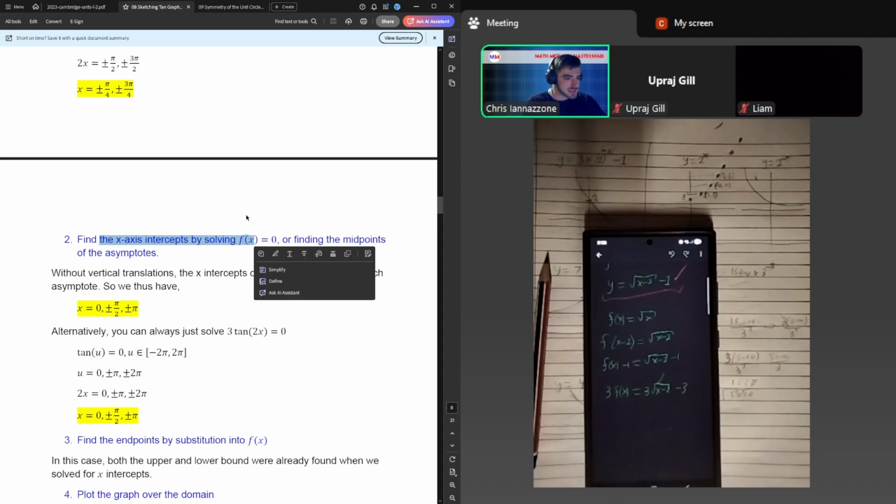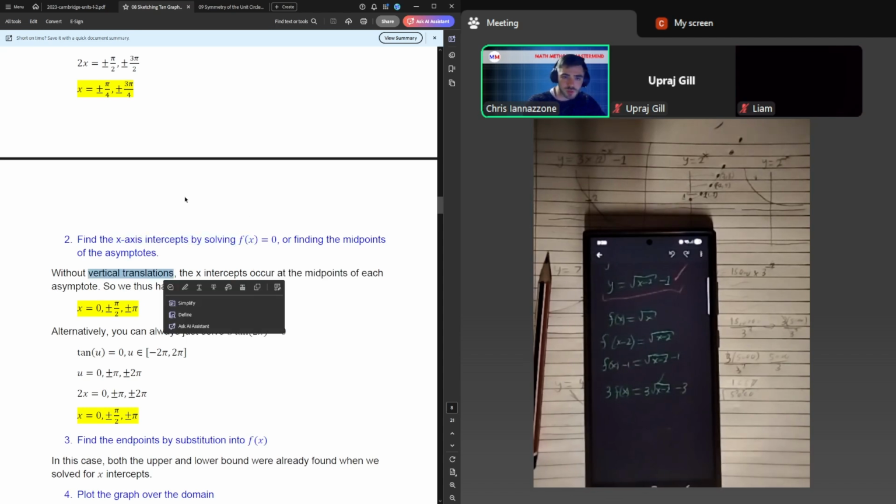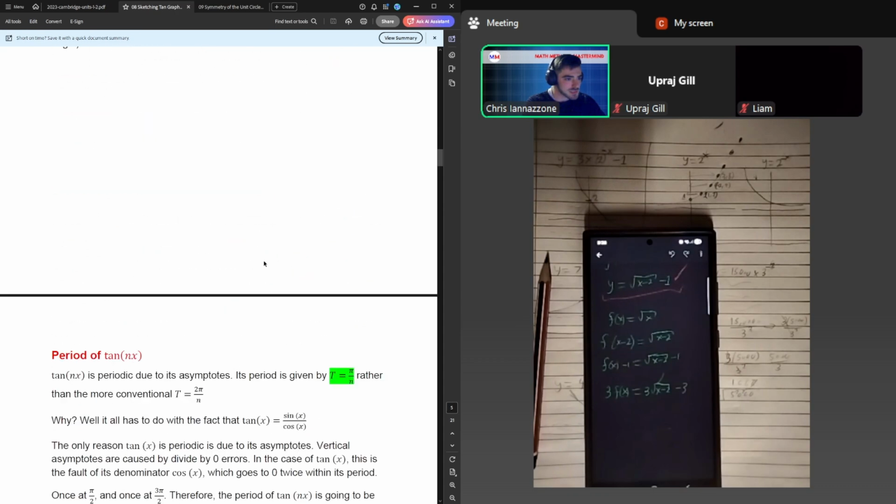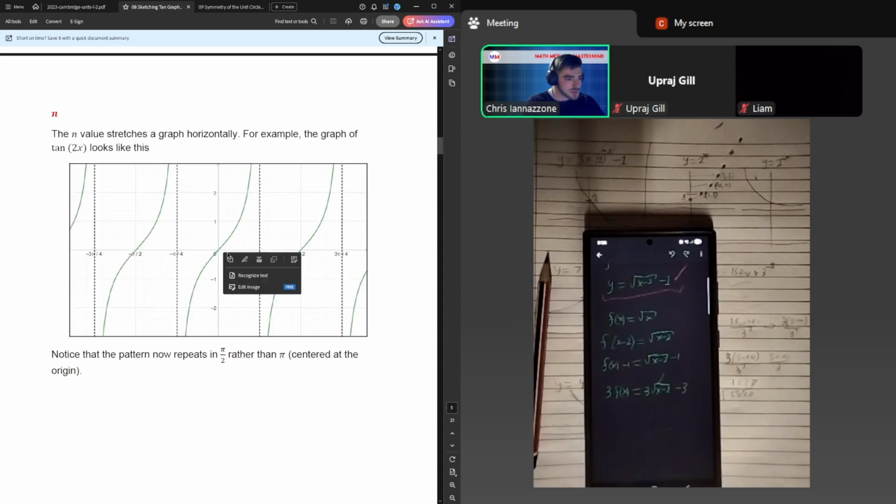Next up, x-intercepts. The good news is when there's no vertical translations, this is very quick and easy to solve, because the x-intercepts, if we look at tan real quick, are always the middle of our asymptotes. Always. Unless we shift this thing vertically, up or down, it will always cross over at that midpoint.